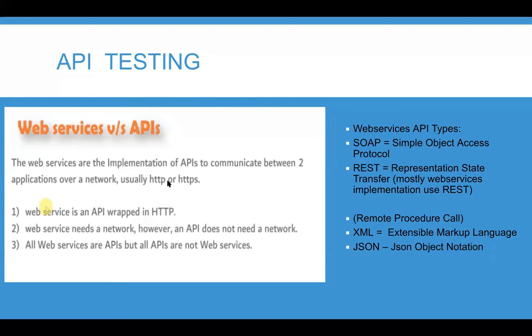That is the difference between an API and a web service. A web service is an API wrapped in HTTPS, which is just the protocol on the internet. So web services need a network. However, an API does not need a network. Don't get entangled with these statements.